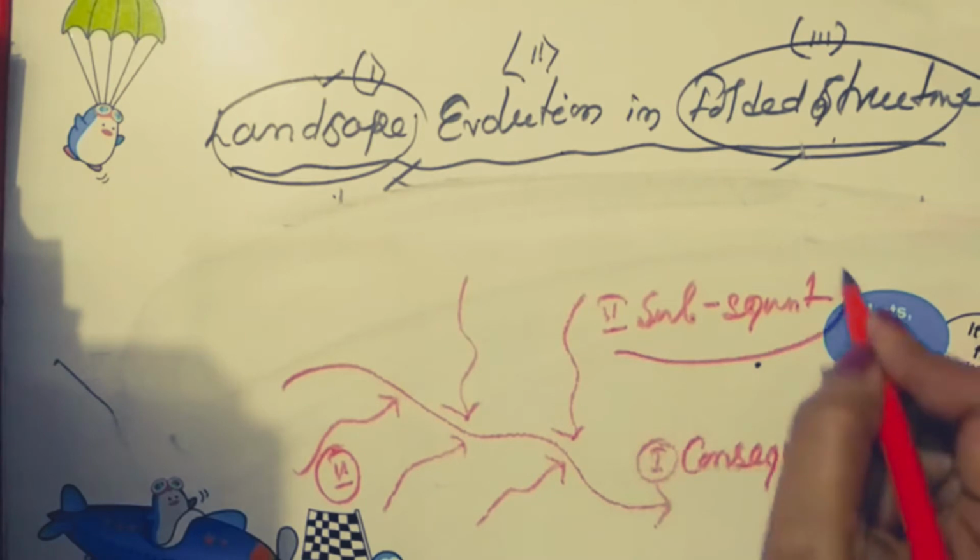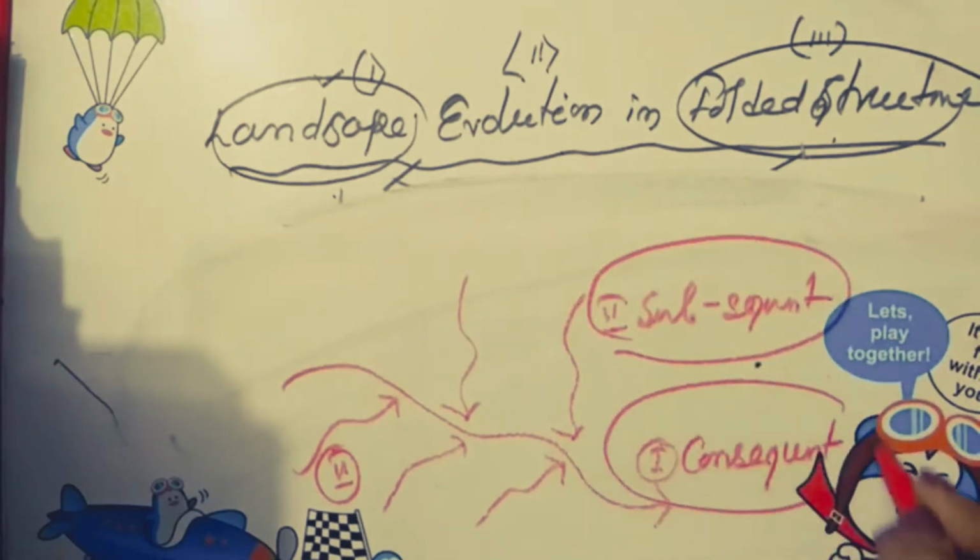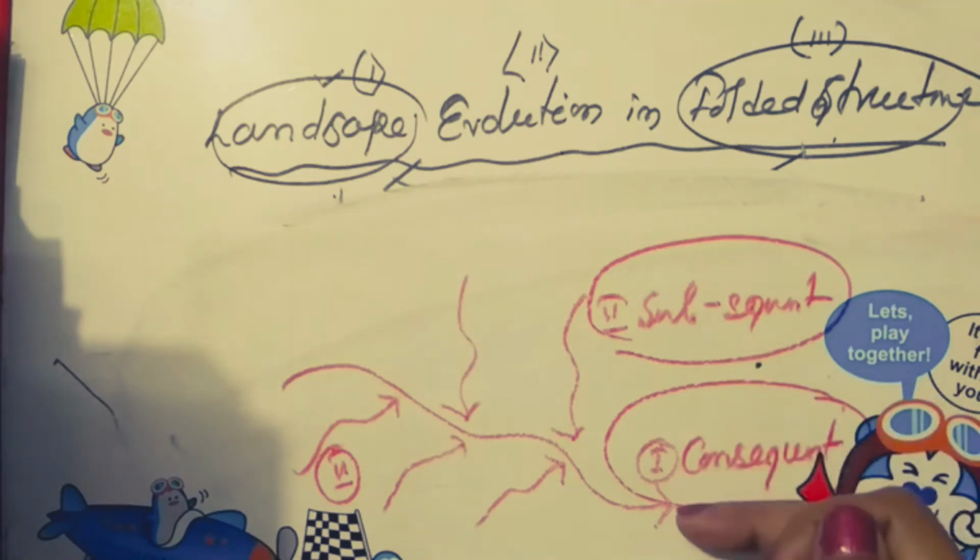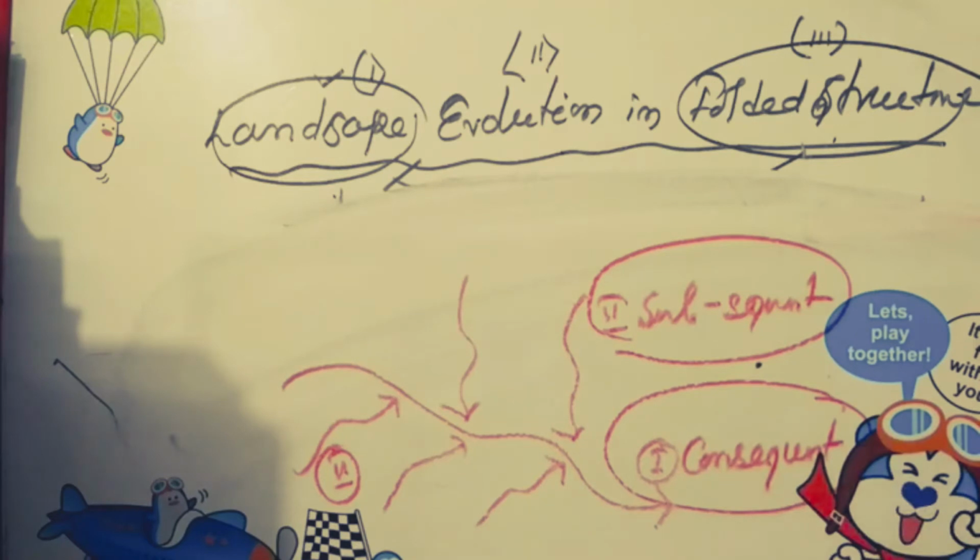And all these river systems, subsequent and consequent, are full of energy, because water flow has a capacity to erode the landform. Both subsequent and consequent play an active role in the landscape evolution.